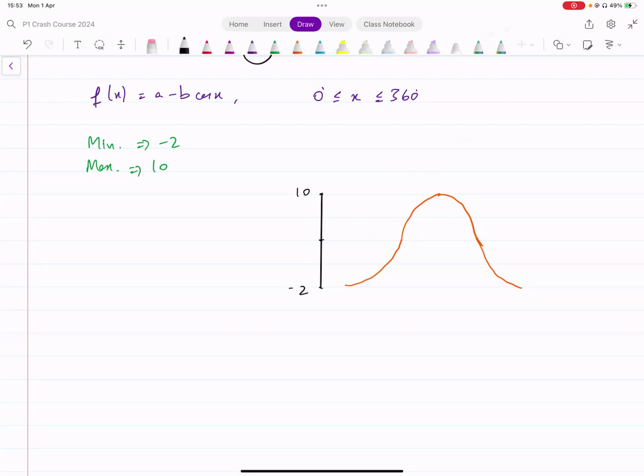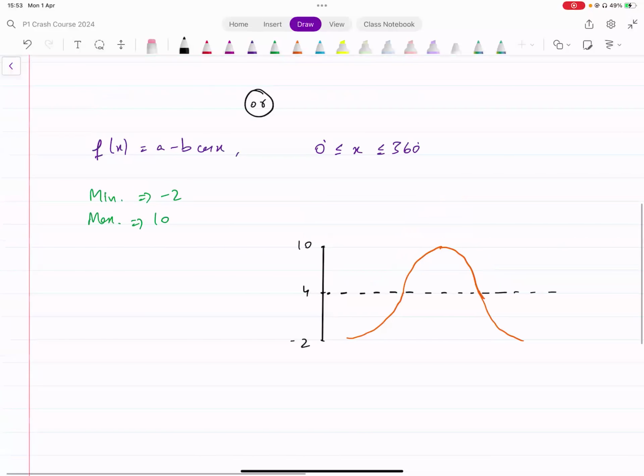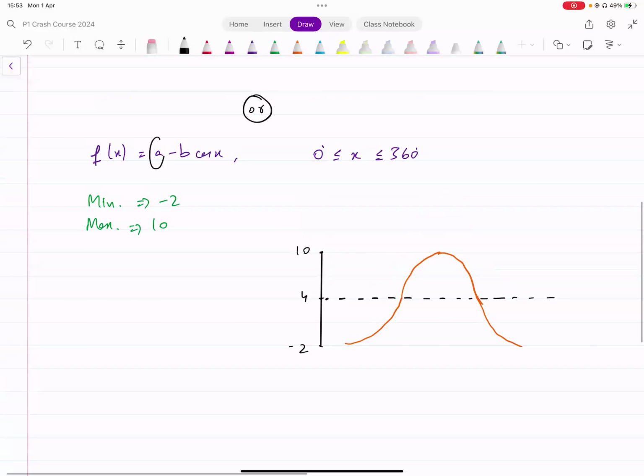Right in the middle. -2 plus 10 over 2, average of these two numbers, that is 4. That's going to be the baseline. Remember baseline? Baseline is the horizontal line about which the graph moves up and down. We discussed that in trigonometry. So that's the baseline. This number outside is supposed to be the baseline. So that's 4. So this gives you the value of A. A is 4.